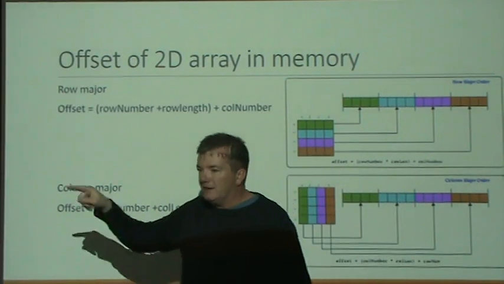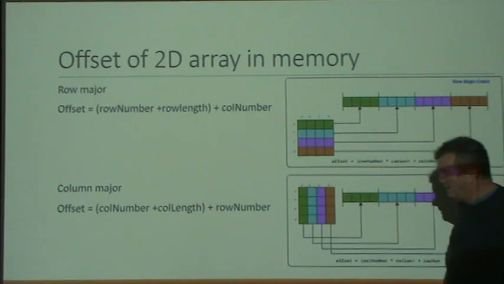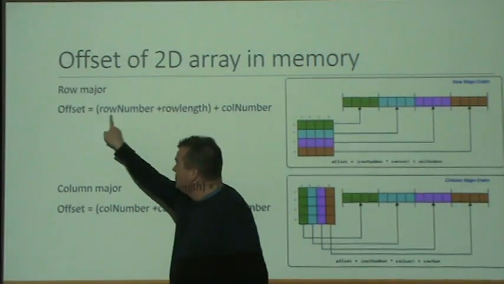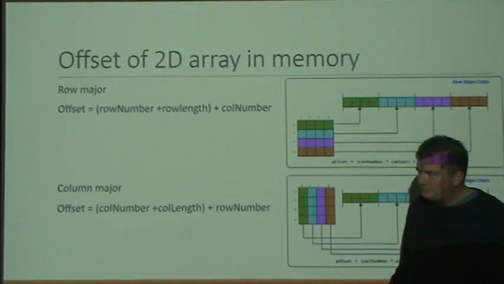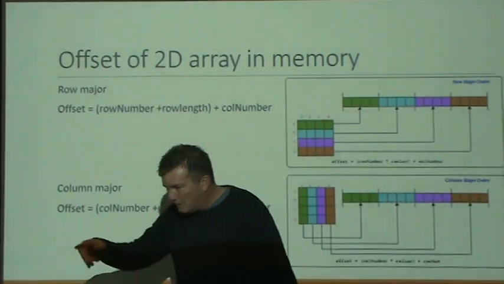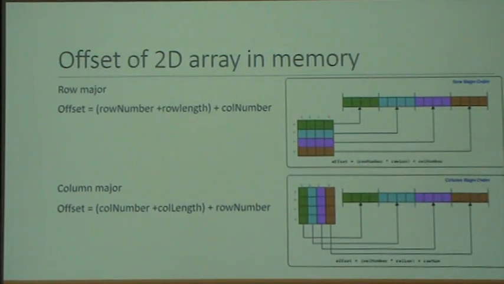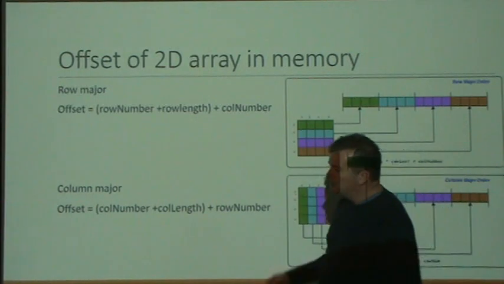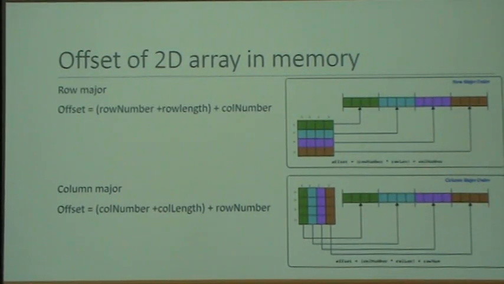If it's a two or more dimensional array, this computation has to be done every time you read or write from the field. This could get time consuming. So you have to be judicious when you're deciding whether to use multiple arrays or not, because they can get time consuming.